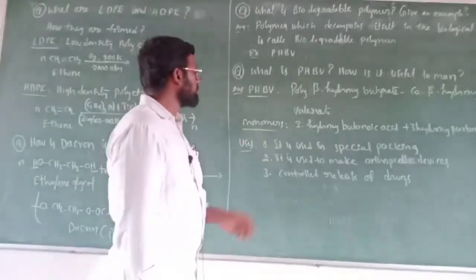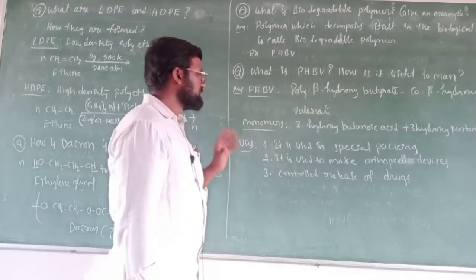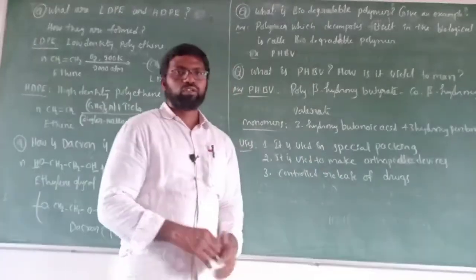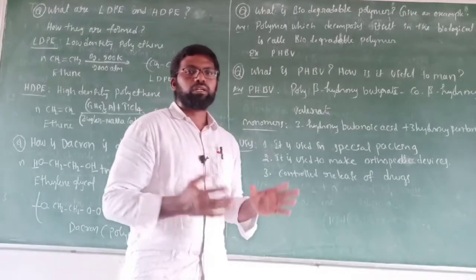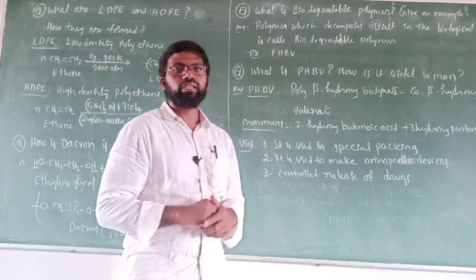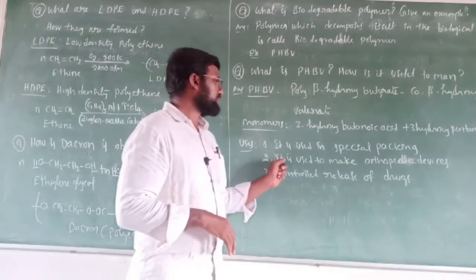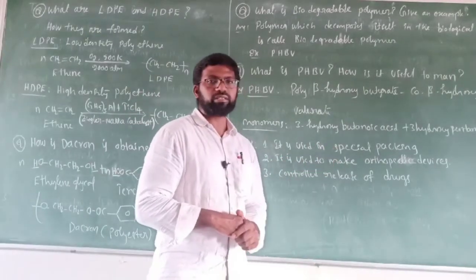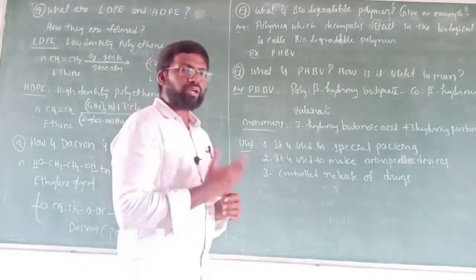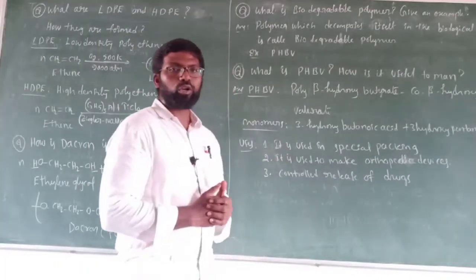Next, what are the uses of PHBV? PHBV is extensively used in special packings, which are eco-friendly and do not cause any environmental pollution. It is used to make orthopedic devices. Certain orthopedic devices are made with PHBV polymers.